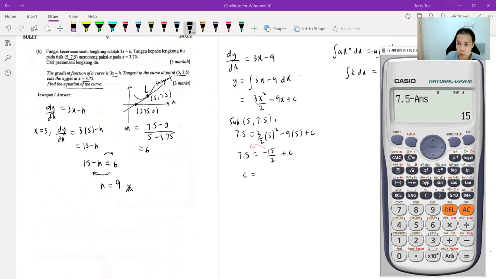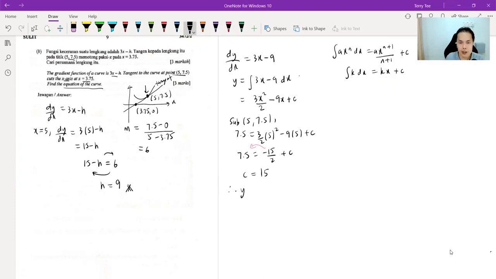Yeah, in fact, you know what? 15 over 2 is 7.5. 7.5 plus 7.5 is just 15. And therefore, my equation of the curve is y equals, take the c, substitute back inside here. My y is now 3x squared over 2 minus 9x plus 15. There you go. That's your equation of the curve.